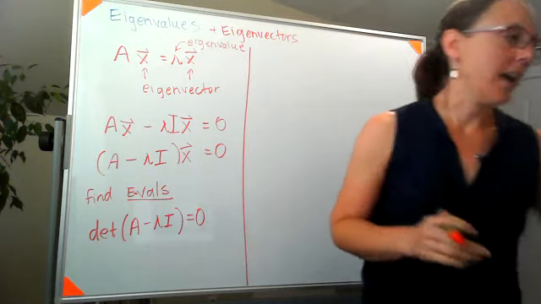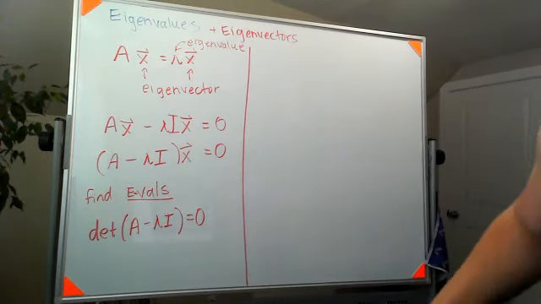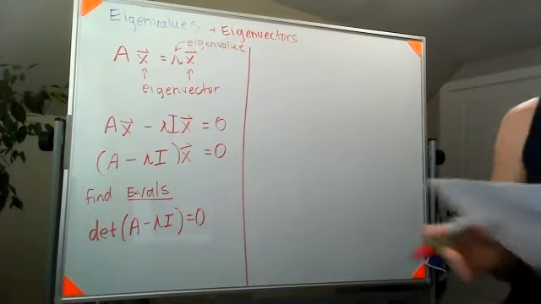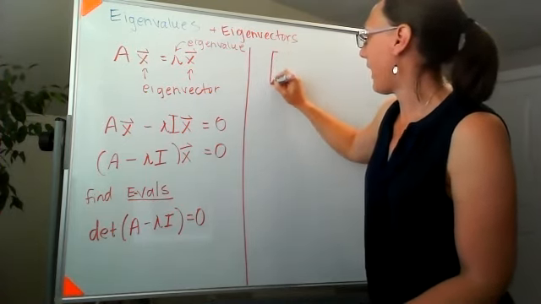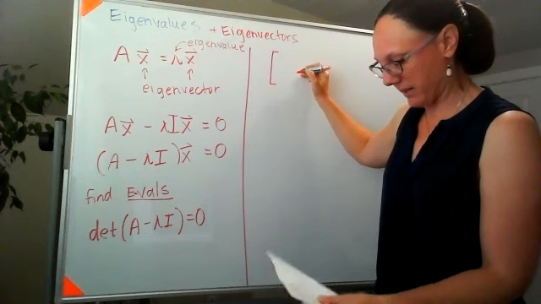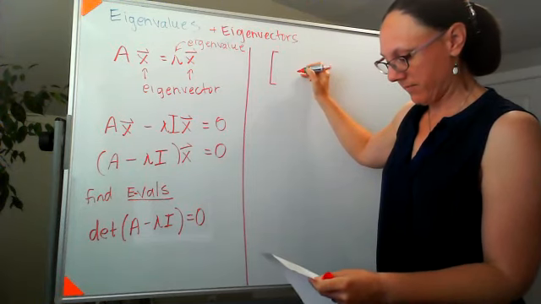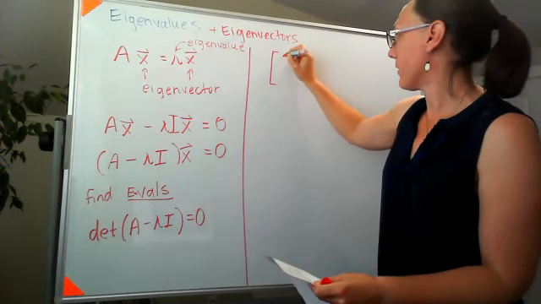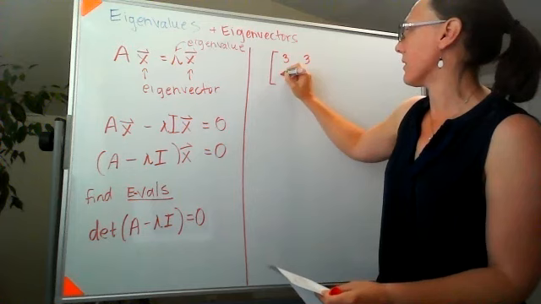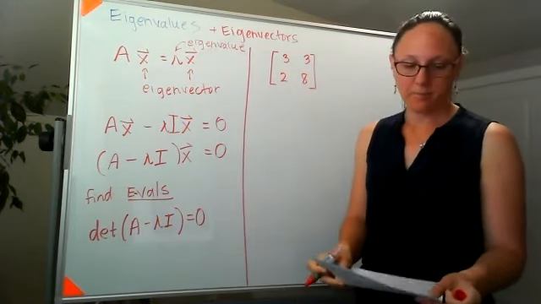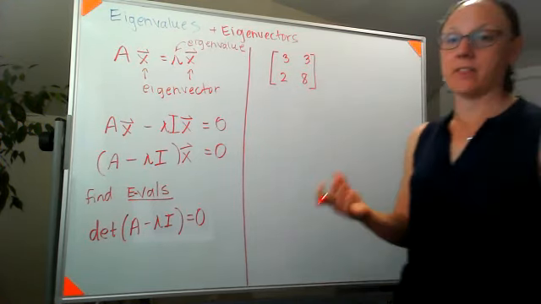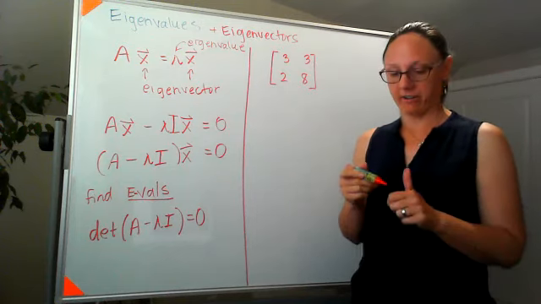Suppose that I had this matrix, let's go with 3, 3, 2, 8. And we were asked to find the eigenvalues and eigenvectors.